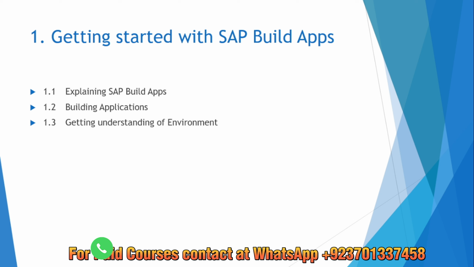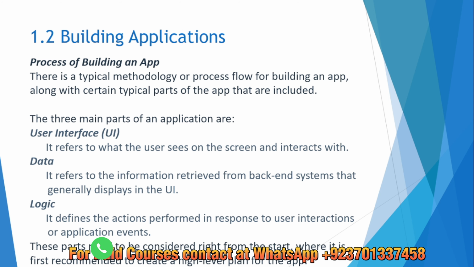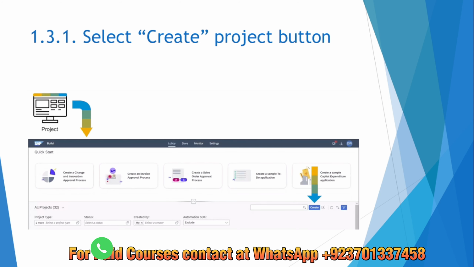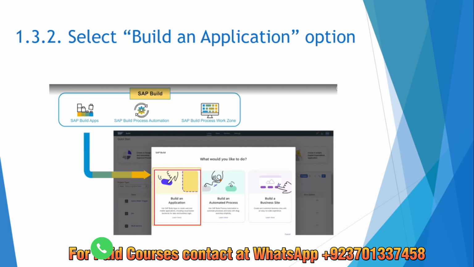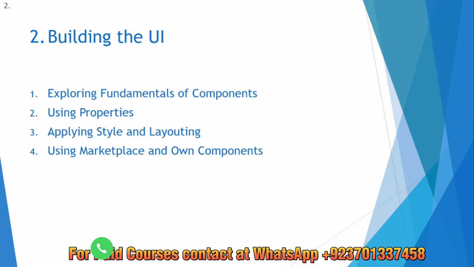So let's do the quick recap of what we have done. As we have explained the key feature of SAP Build App in my previous video, we did building application and then how we get started with the SAP Build App with a very effective and very attracting environment of SAP Build App.